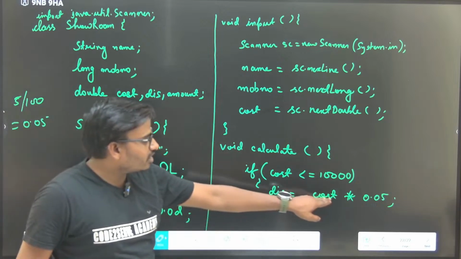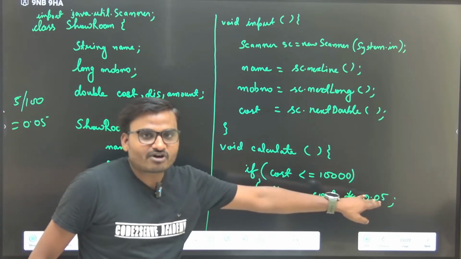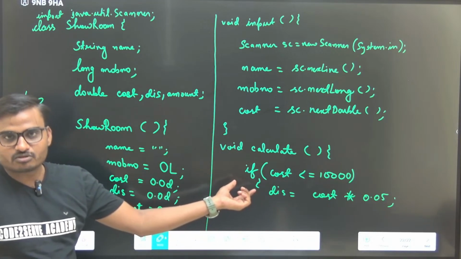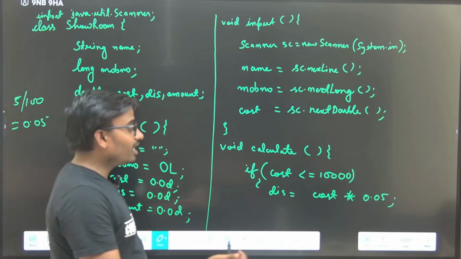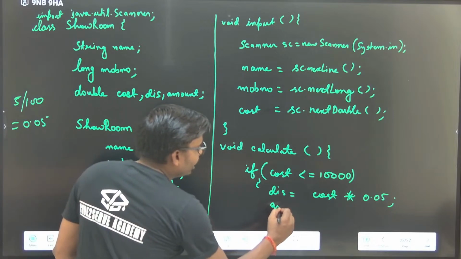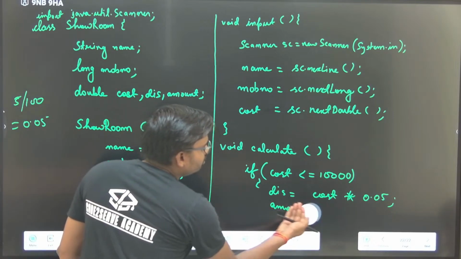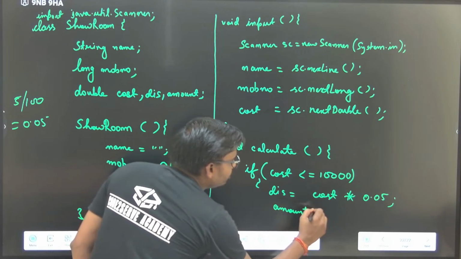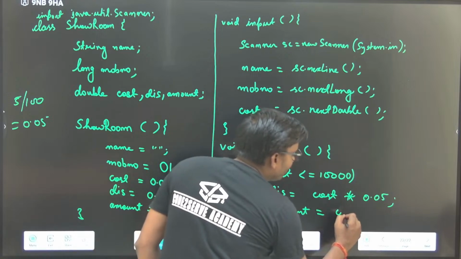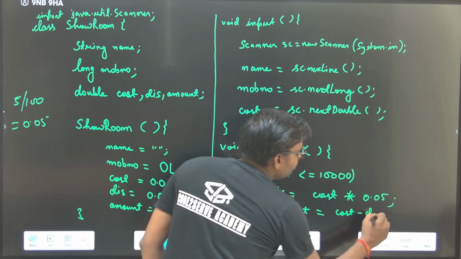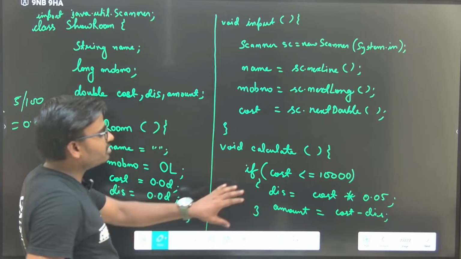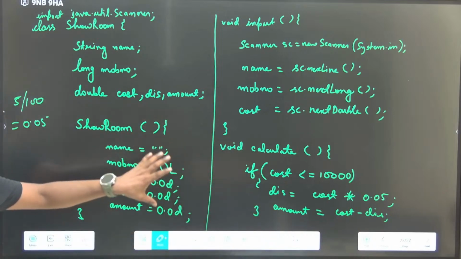So we multiply the cost by 0.05. That is the discount we will be getting. Then the actual amount will be equal to cost minus discount. Got it? So this was the first scenario, if the cost lies in this range.